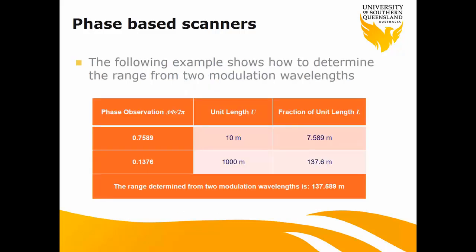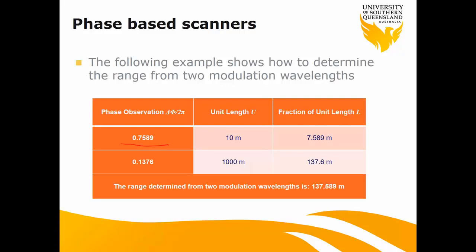Let's have a look at an example. This example includes one carrier wave and two modulation waveforms. This one is the high frequency or shorter wavelength modulation wave.